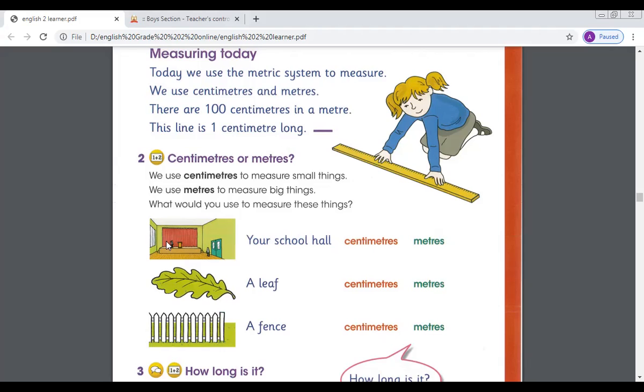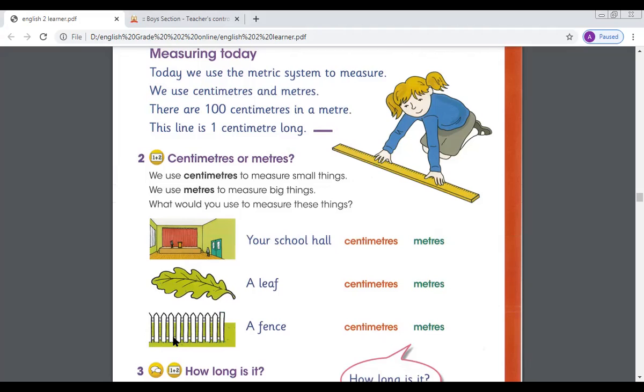When you measure the length of this corridor, what do we use, centimeter or meter? We use meter because it is big. If it is small, for example a notebook or a book, then we use centimeters. But this school hall, we measure in meters. Then this leaf is small, and we use centimeters, not meters.